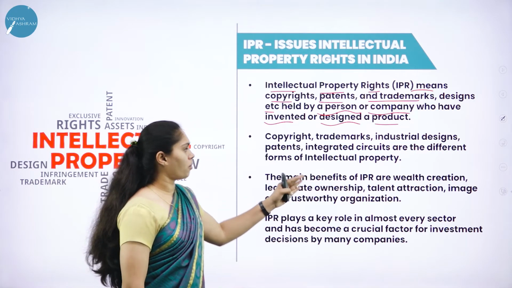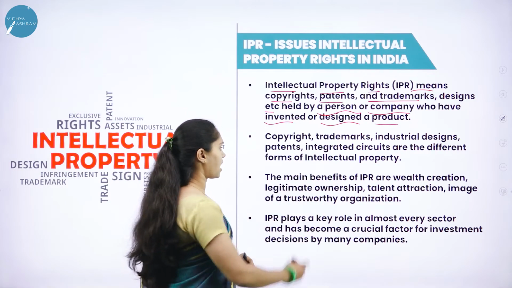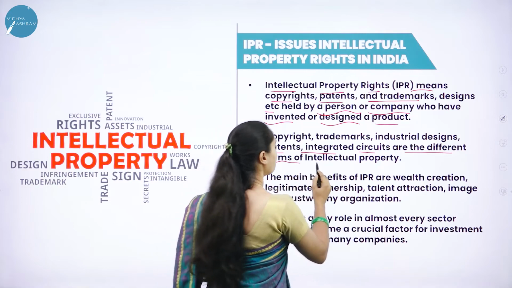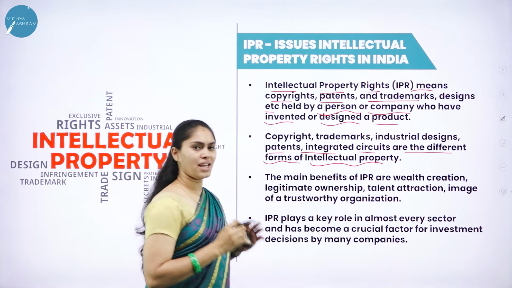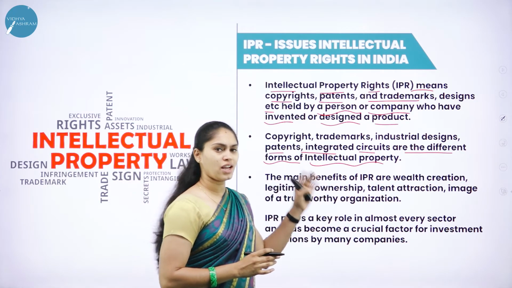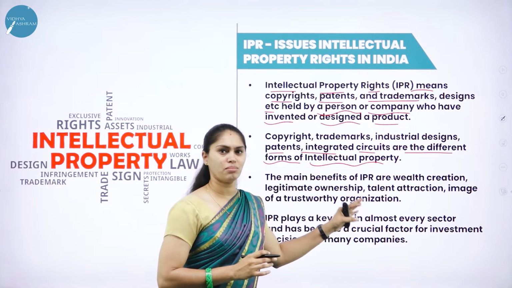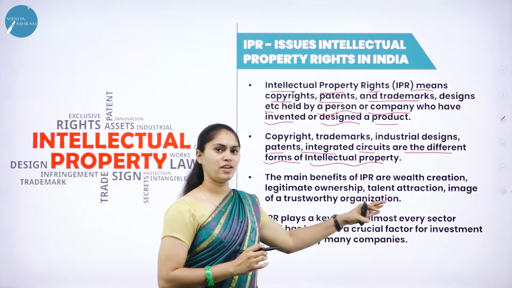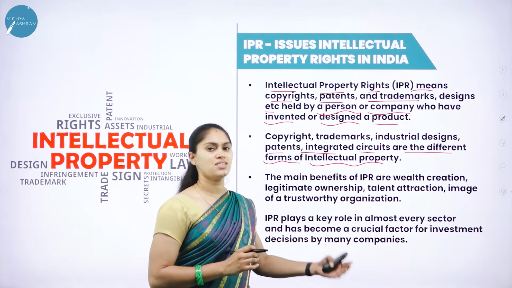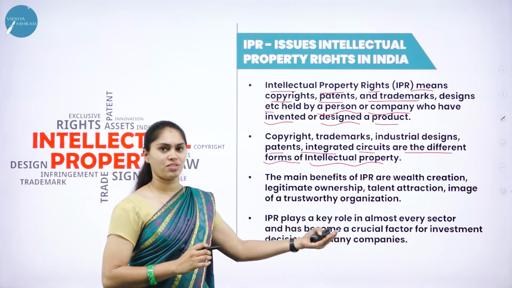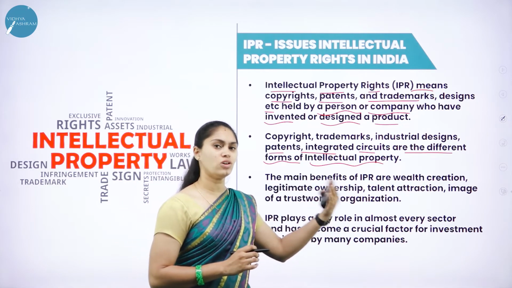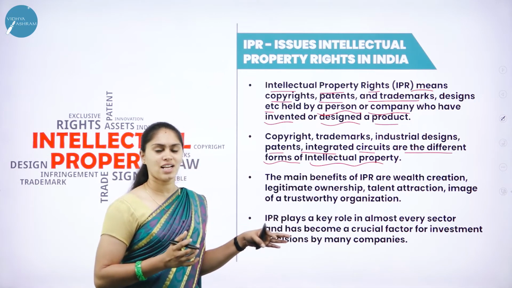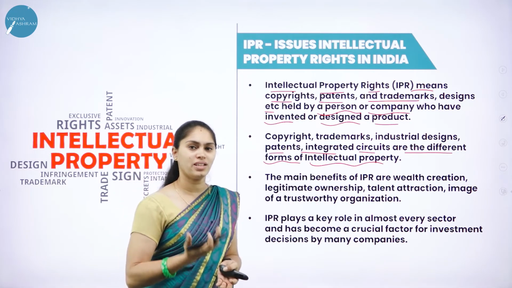So copyright, trademark, industrial design, patents and integrated circuits are the different forms of intellectual property. The main intention is, if you are working on some product or some services, that belongs to you. If you wish to share it with others, then only you can give that to others to use. So that means they are protecting the rights of individuals over the internet.